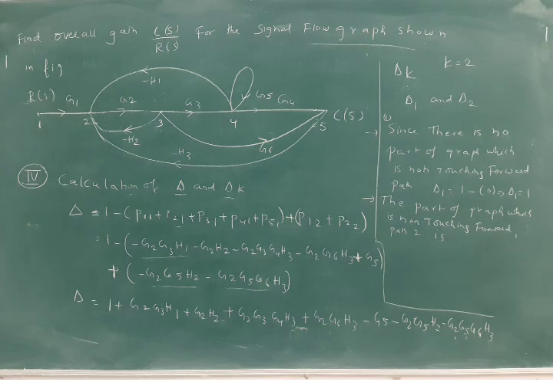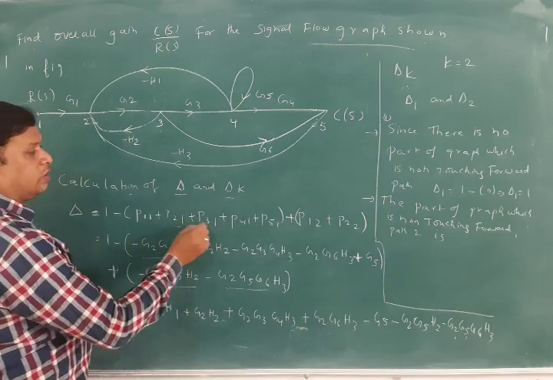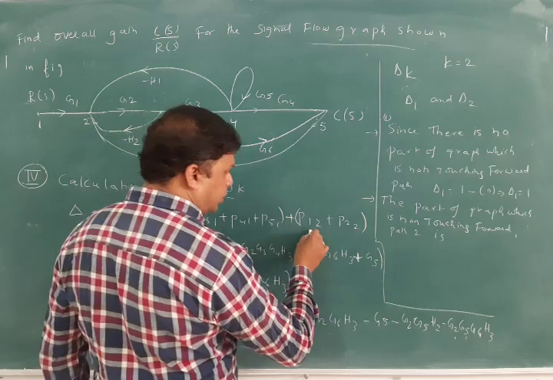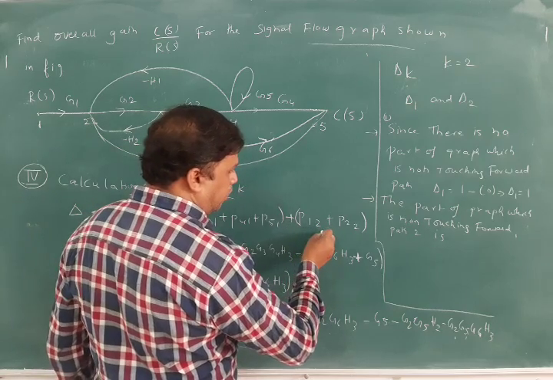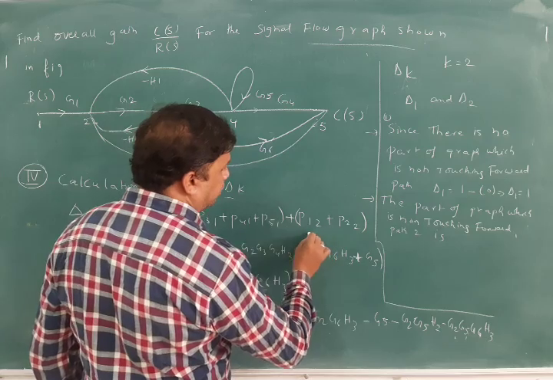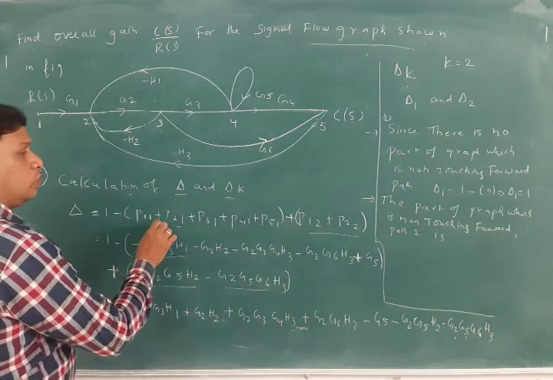Here we write that delta is 1 minus the sum of the gain products of all individual loops, plus the sum of the gain products of all combinations of 2 non-touching loops, minus the sum for 3 non-touching loops. These are P12 and P22, the combinations of 2 non-touching loops.